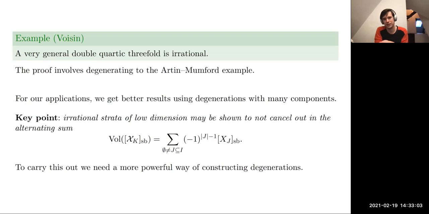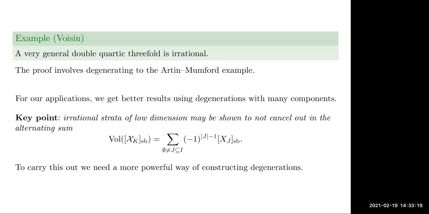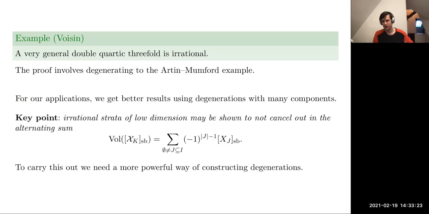And luckily, the singularities are nice enough so that the strata that you add by blowing up don't contribute to this irrational piece in this sum here. But certainly the degeneration that you just mentioned, degenerating a hypersurface into a union of divisors that intersect transversely, that's certainly also fine.